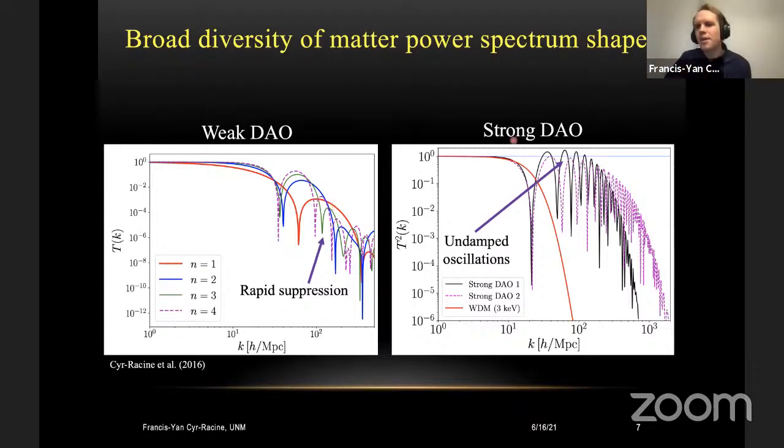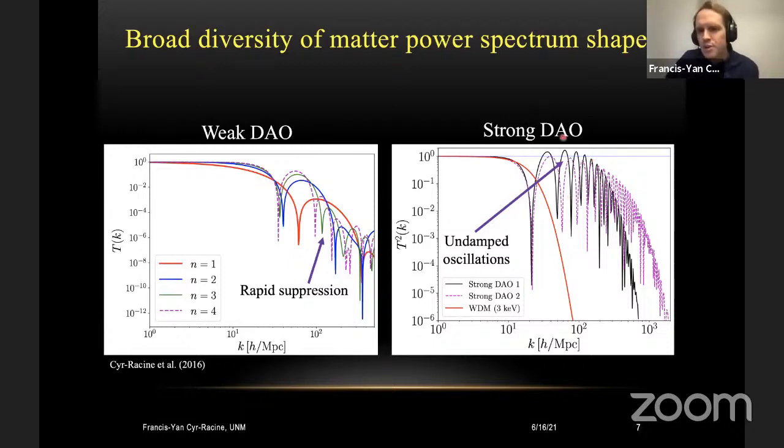You can also have another regime, which I'll call here the strong DAO. This is the regime where things are very strongly coupled, so it gives rise to these oscillations or acoustic waves, if you want. They are very well defined in the transfer function or the matter power spectrum here, and are undamped for quite a while until you reach some diffusion scale that gives rise to this damping envelope.